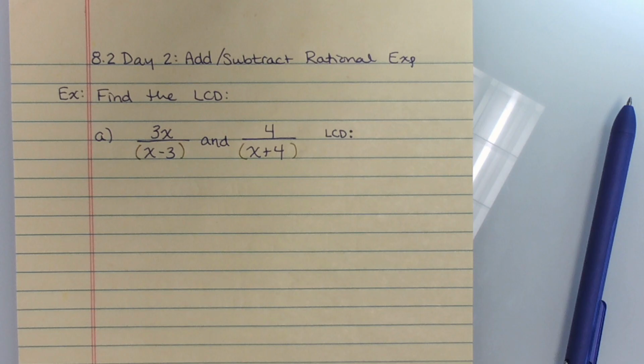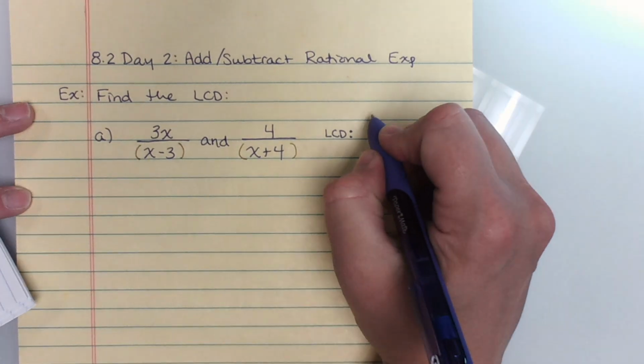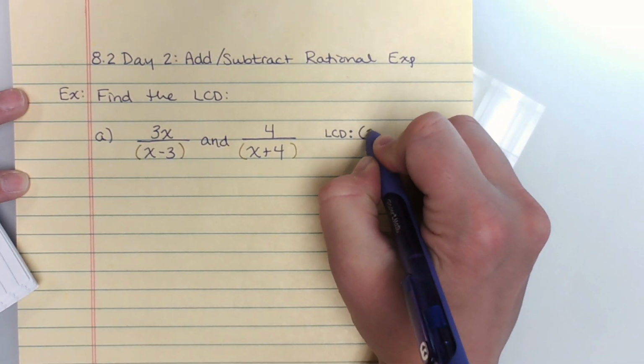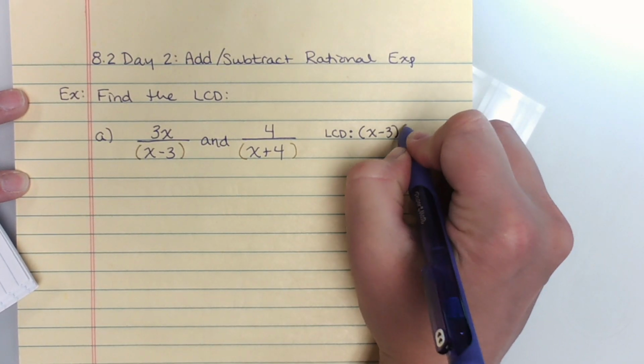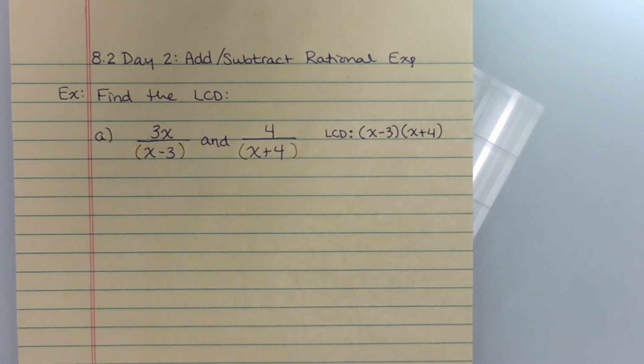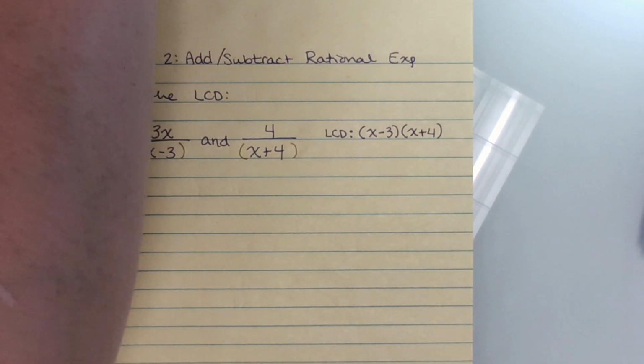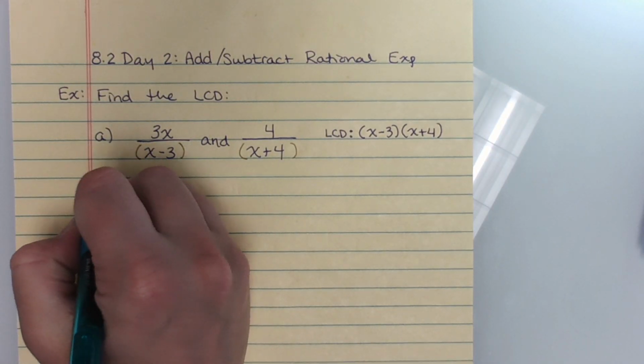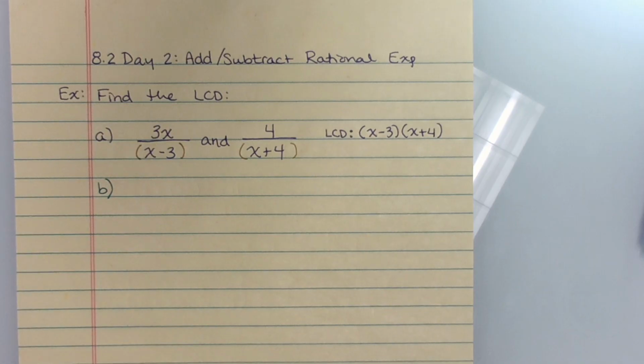You do not pull the x out of the parentheses. Do they have anything in common? No. Which means my least common denominator is just made up of the things that they didn't have in common, which in this case is just both denominators. Sometimes they will not have something in common.